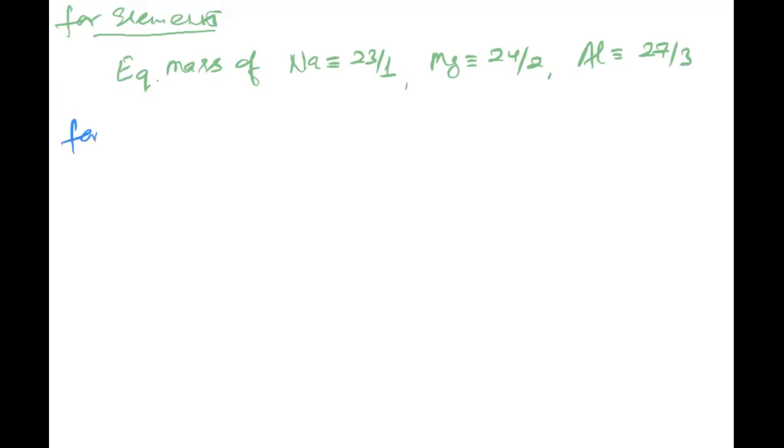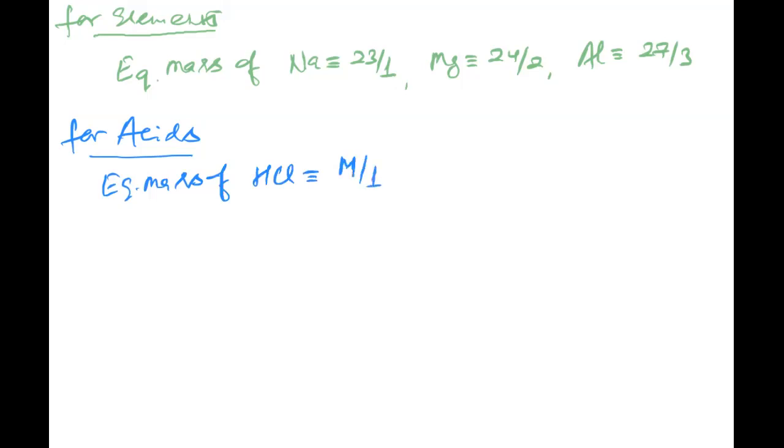Similarly, for acids, the equivalent mass of HCl is its molecular mass divided by 1. As per the molecule, only one H plus is replaceable, and HCl is a monobasic acid.